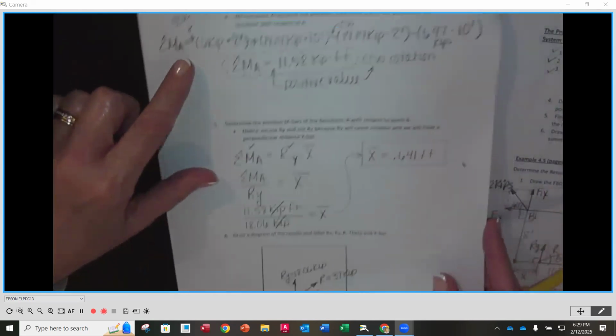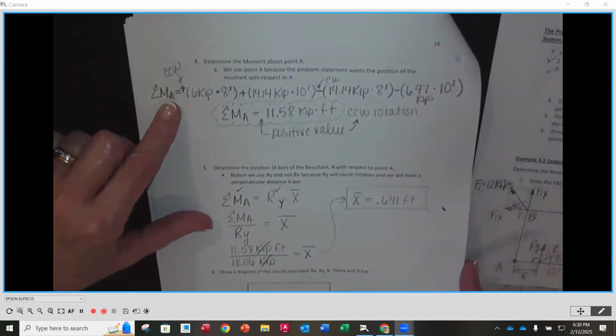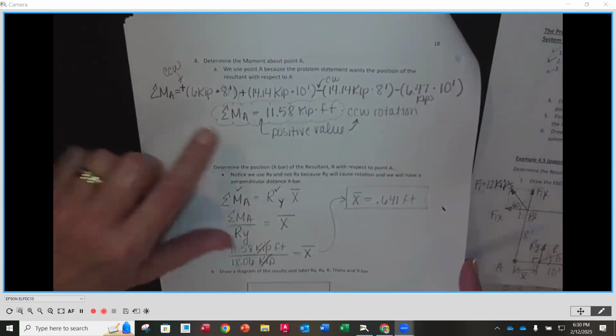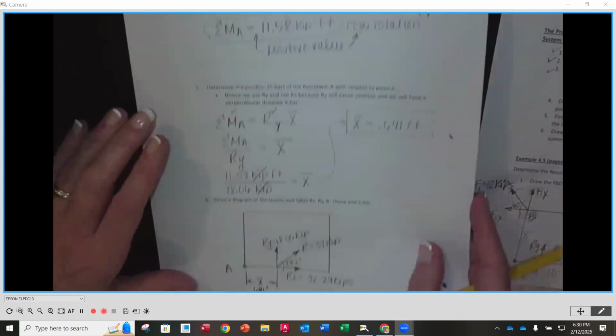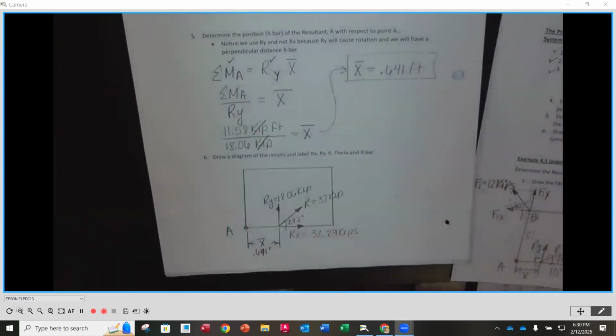Then we had to find the total moment of the individual forces around the point that the problem was asking us to sum around. And we came up with a total moment. Then we set that moment equal to the component of the resultant that would create a perpendicular distance. So this is something that might not always be the Y component.